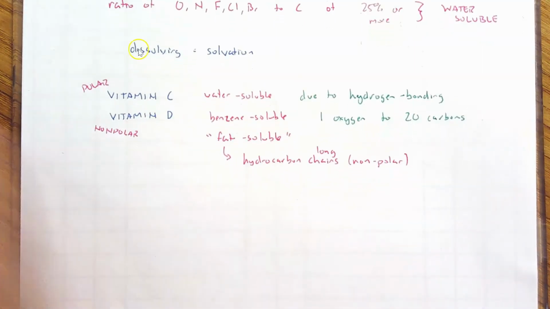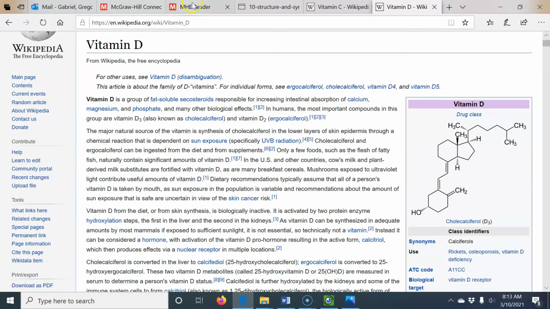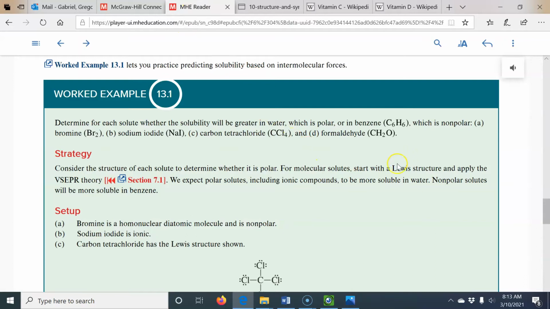For the last 5 minutes, let me go over a textbook problem. Maybe a couple textbook problems, just to show you what your professor may be expecting you to answer. Determine, for each solute, whether the solubility is greater in water or benzene.